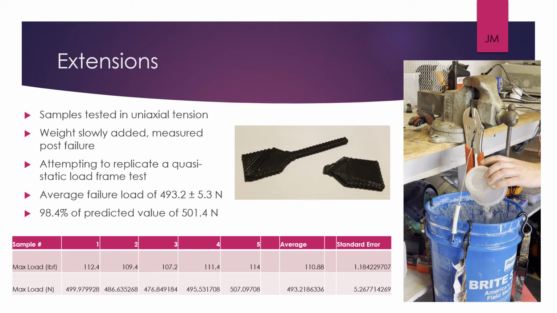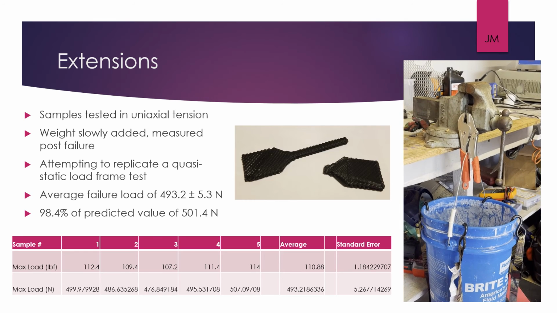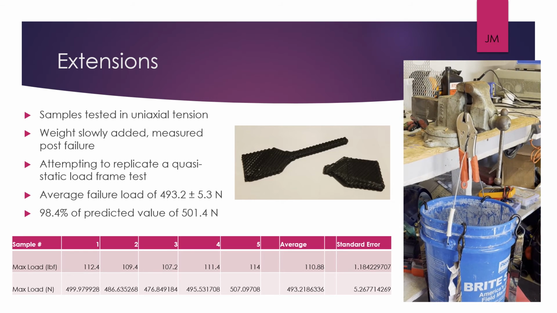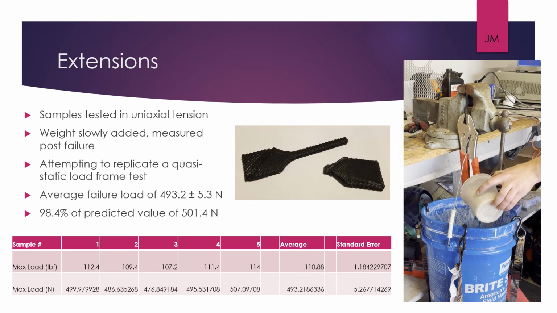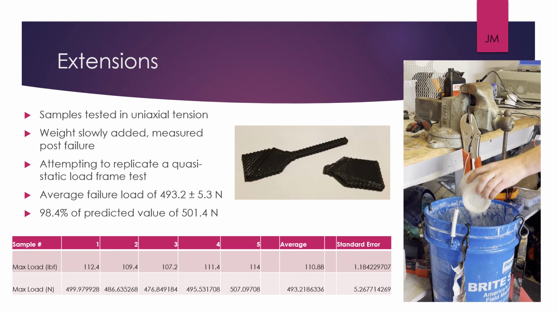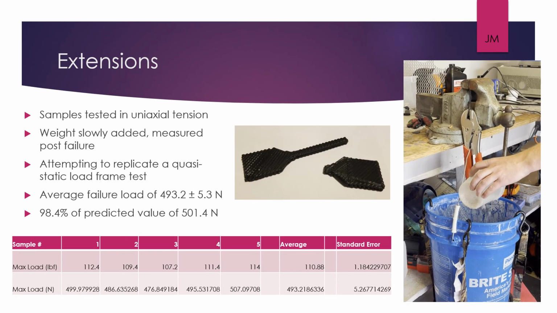Alright, so you will see that we have a bucket which is attached to our 3D printed sample, and we are slowly adding weight during this process to determine the failure weight for this particular part.